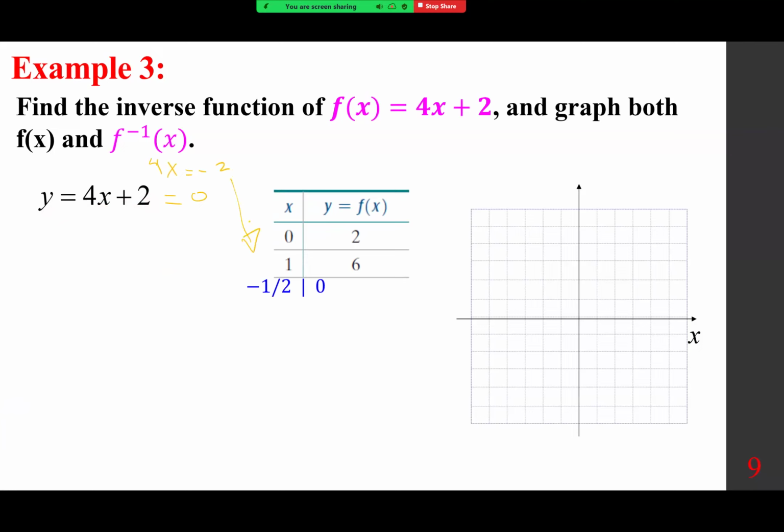So look at that, we should have no problem with that. So if you plot 0, 2 and -1/2, 0, this is the line. So just graphing the first function.